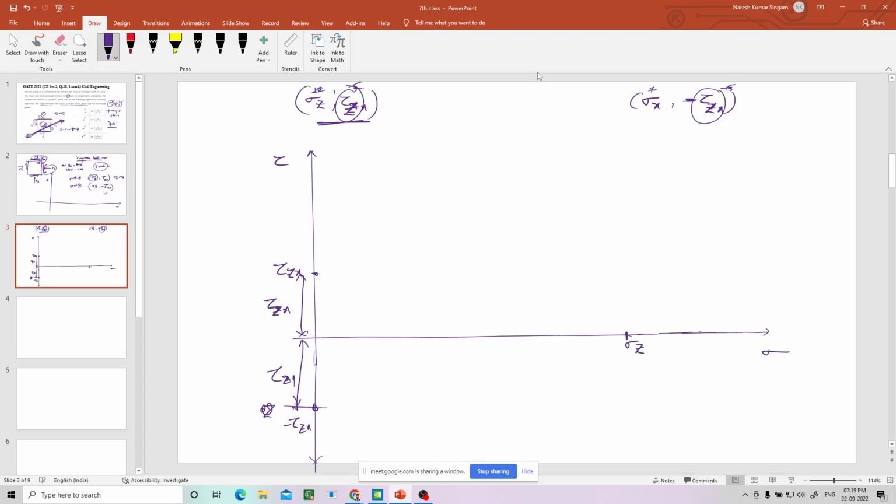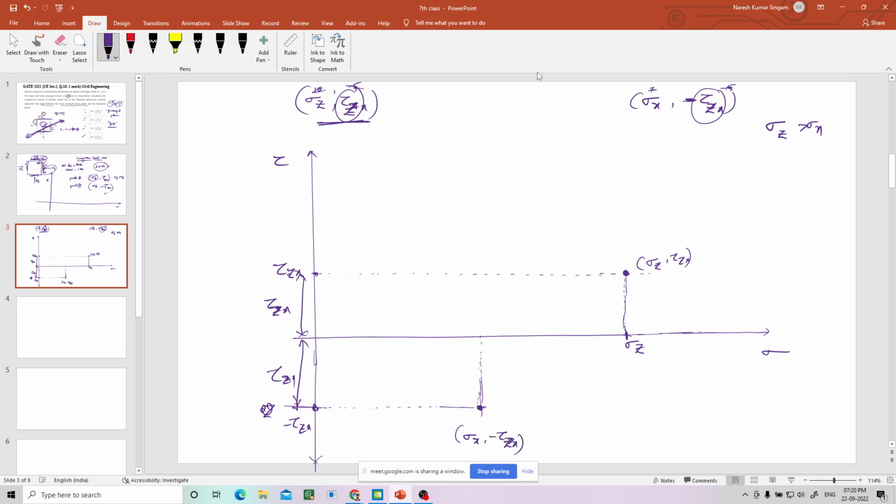Now this is sigma z, and this is the point sigma z comma tau zx. Another point will be sigma x. Sigma z is greater than sigma x, so sigma x will be to the left of sigma z, somewhere here. Okay, this is the point sigma x comma minus tau zx.